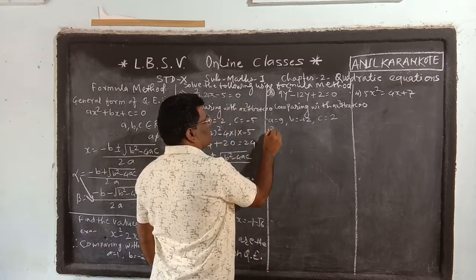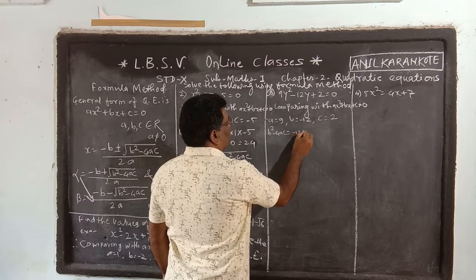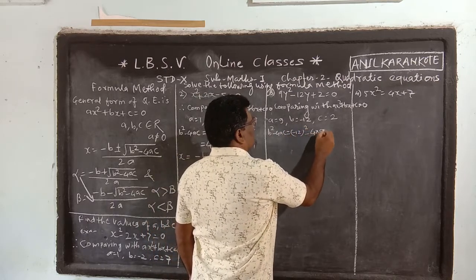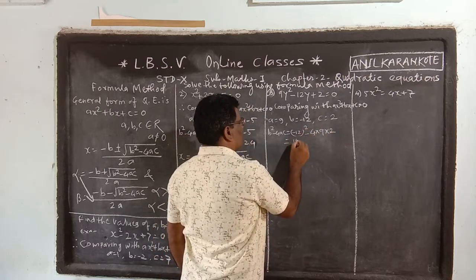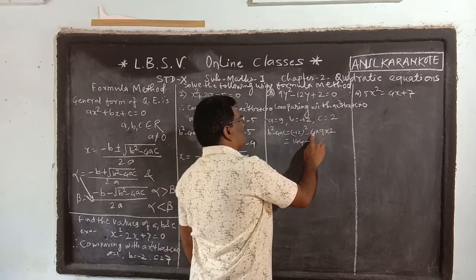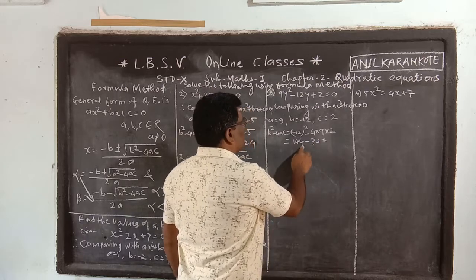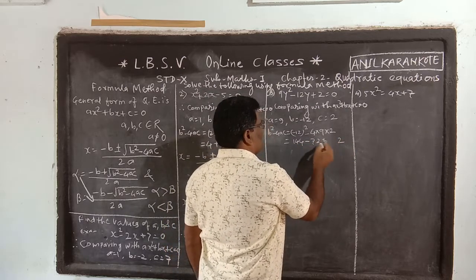Find the value of b square minus 4ac is equal to minus 12 square minus 4 into 9 into 2, is equal to 144 minus 72, is equal to 72.